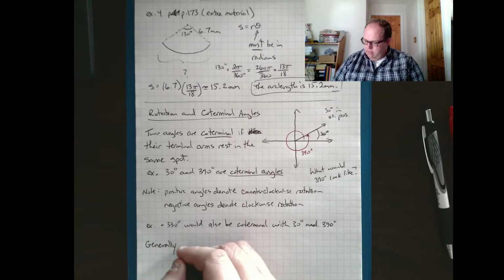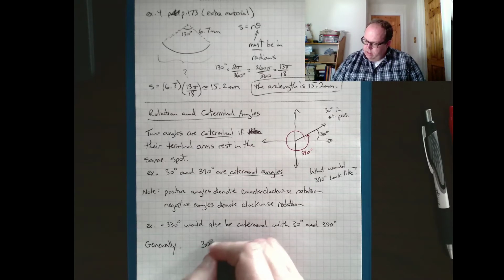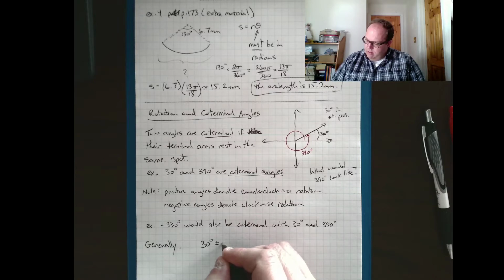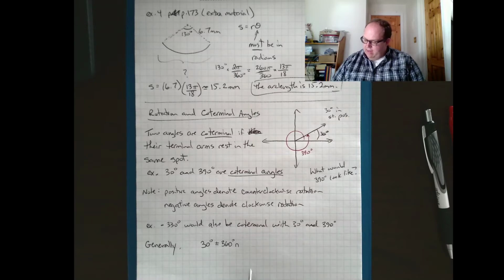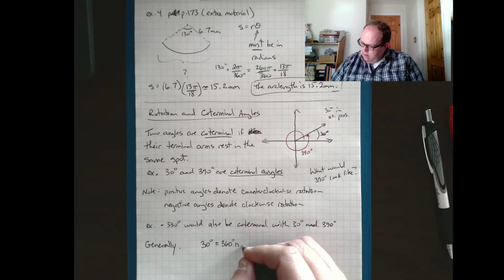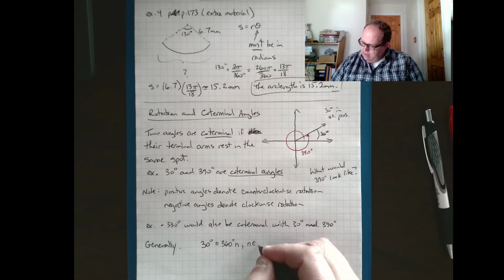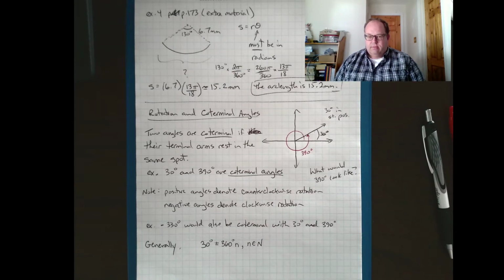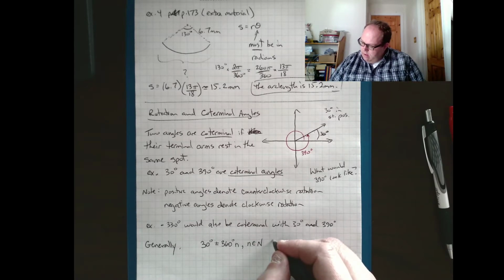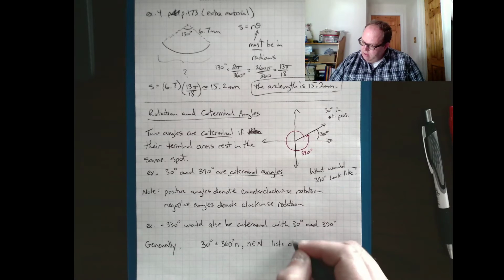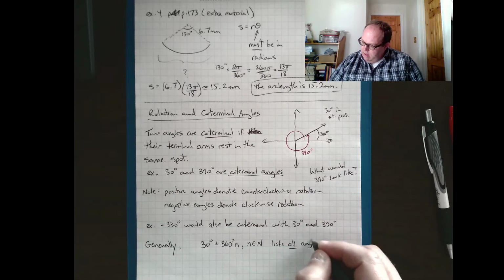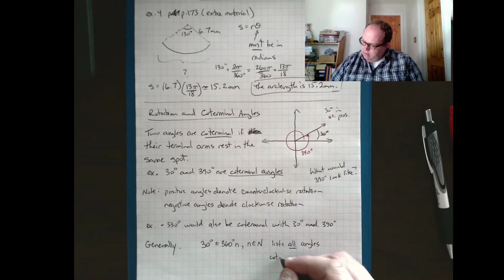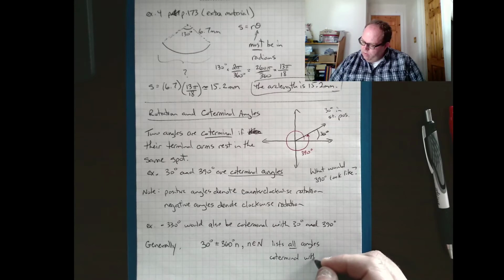Generally, 30 degrees plus or minus 360 degrees times n, where n is any natural number, lists all angles coterminal with 30 degrees.